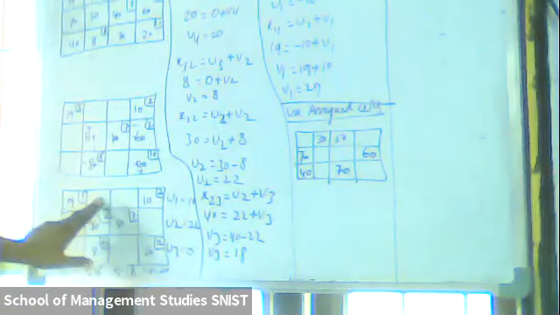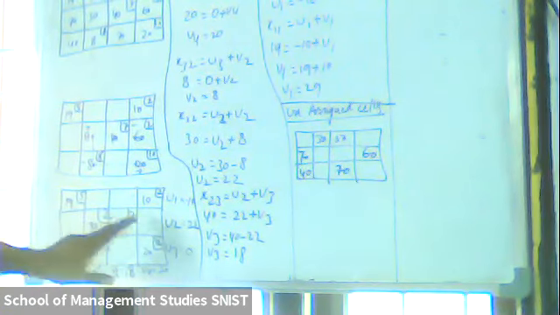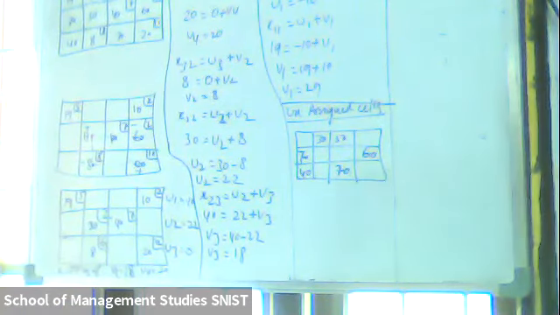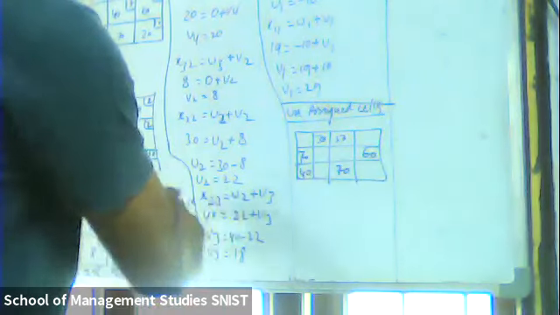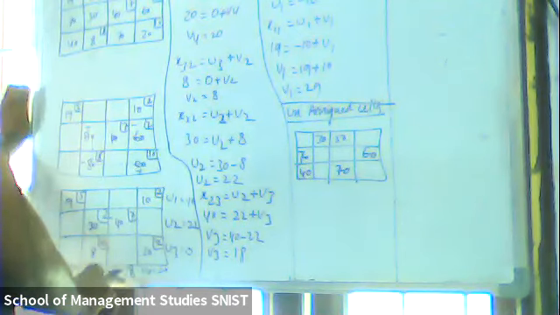So x12, x13, x21, x24, x31, x33. Okay, so you got the values: U1 minus 10, U2 22, U3 0, V1 29, V2 8, V3 18, V4 20.